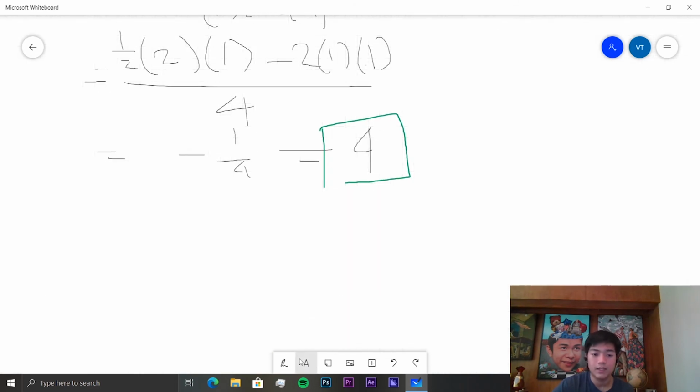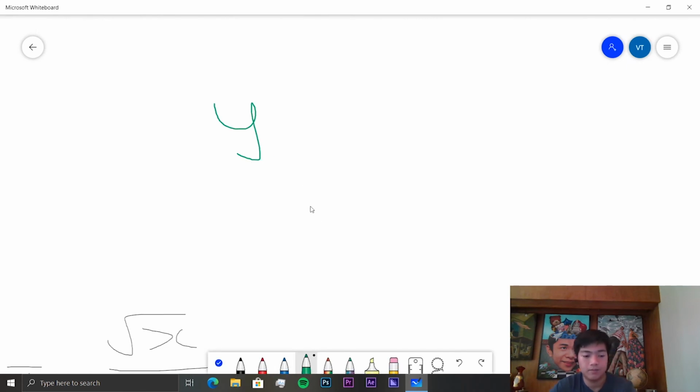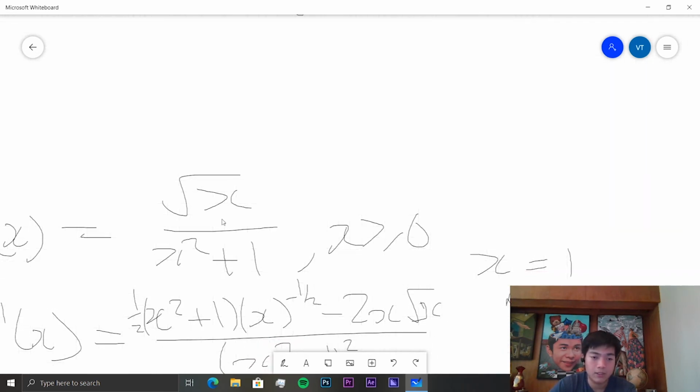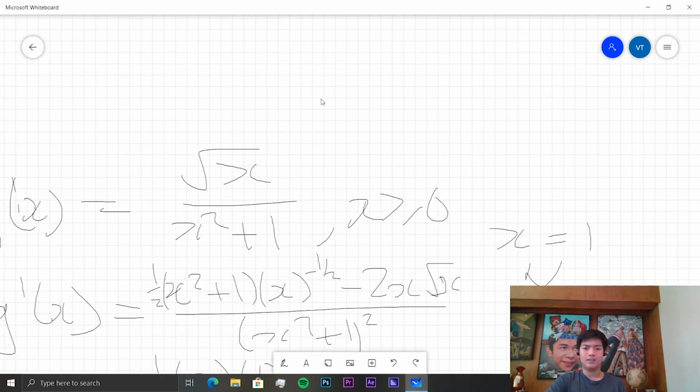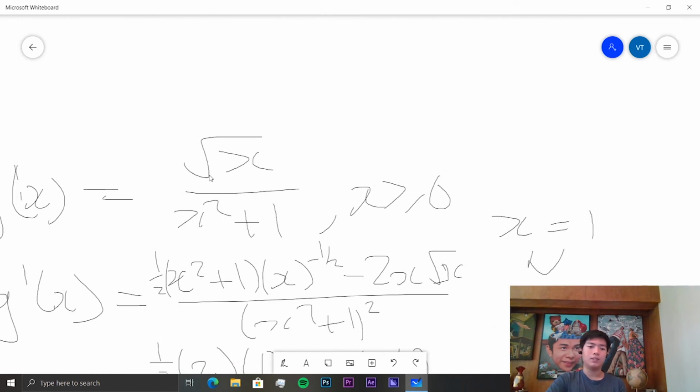So since the gradient is 4, we now know we have y equal to 4x plus c, and then let's plug in the point to get the y value. Oh, sorry, no, x equals 1. What am I doing? 1 over 1 squared plus 1, 1 half.